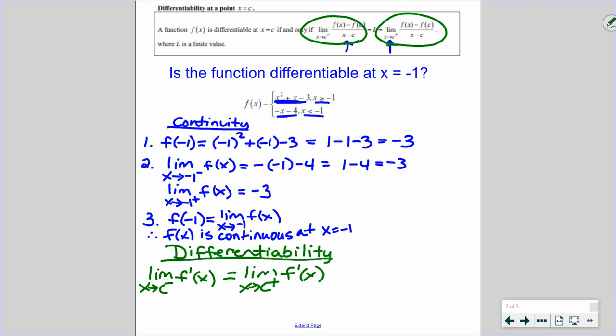So all I'm going to do is find the derivative of each piece. If I find the derivative of x squared plus x minus 3, that'll be 2x plus 1 when x is greater than or equal to negative 1. And we can even call this f prime of x. You're just deriving each piece. The derivative of negative x minus 4 is just negative 1.